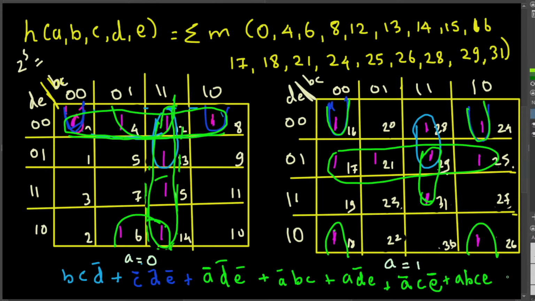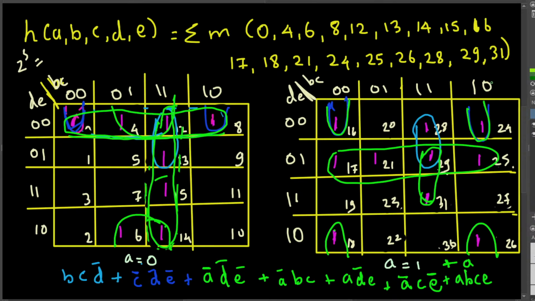If I do that, this is only happening in, okay, I am lacking space. Let me write here, okay, plus. So here, this is happening only in this KMap. So A is going to be there. What about B and C? B is 0 here, 1 here, so it is eliminated.